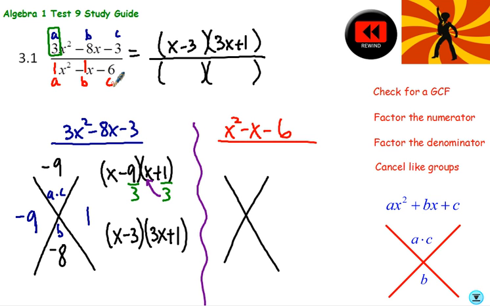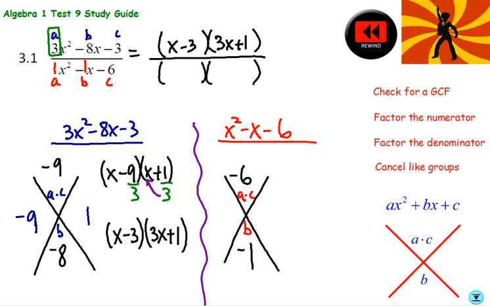So if you don't see numbers there, you just got to write those in. So that's really a 1. So a times c, and then b. So you'd have a negative 6 on the top, and then on the bottom a negative 1. So looking for two numbers that multiply to negative 6 that add up to negative 1.